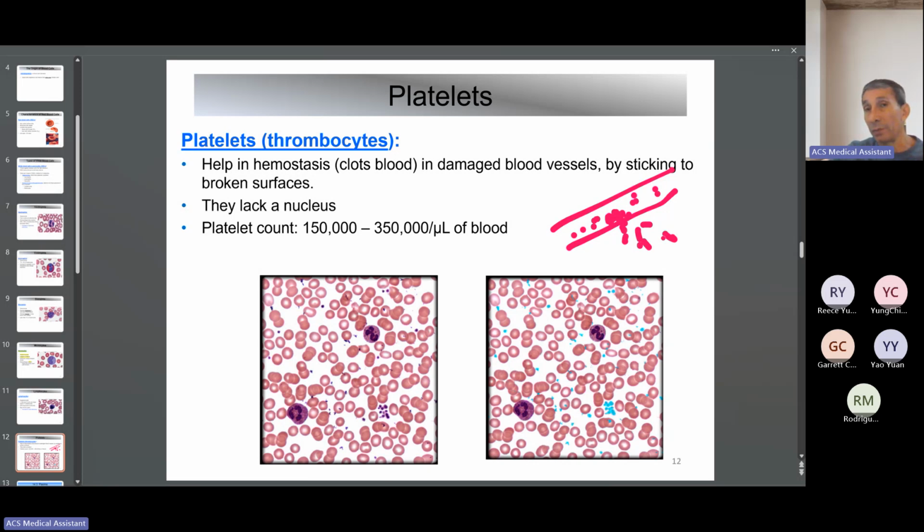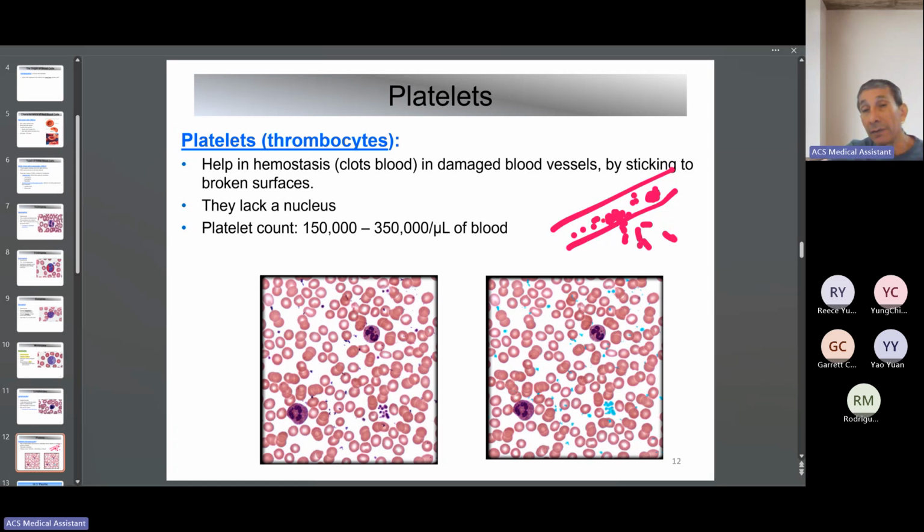So having too many blood platelets, not good. Having less than normal, not good. If you have too many, you form blood clots. The blood becomes too thick. It's not going to be able to go around the blood vessels, pass through the heart, through all these blood vessels. It's not going to reach the very tiny capillaries.